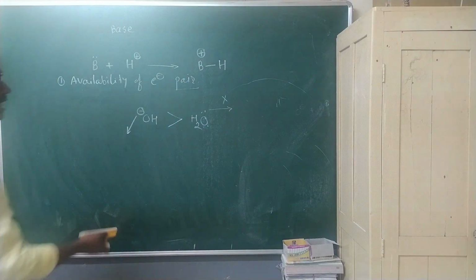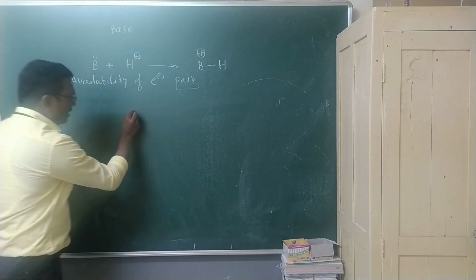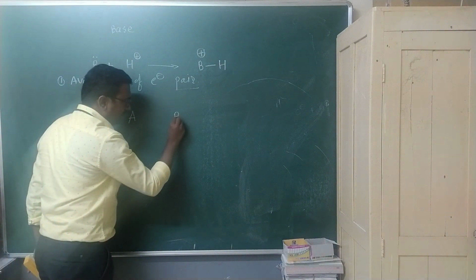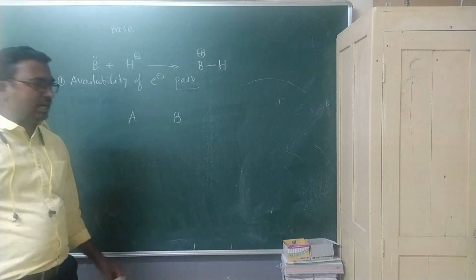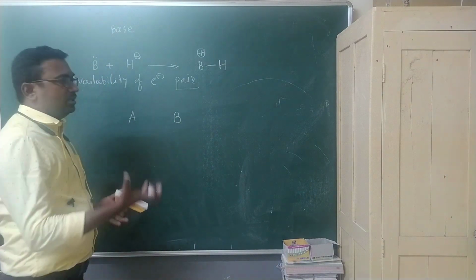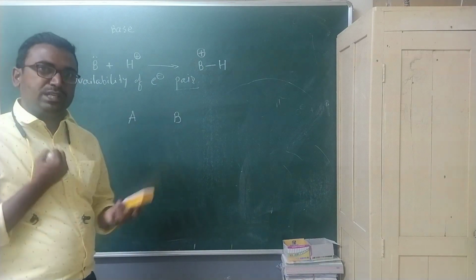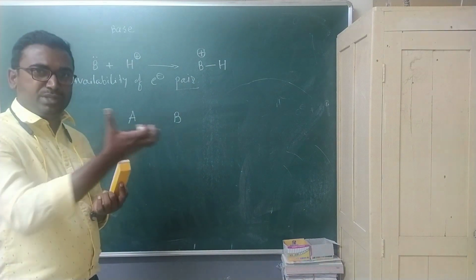Next one is the electronegativity of B. Suppose I have two atoms A and B. One is more electronegative than the other one. Electronegativity means the ability of any atom or molecule to hold the electron towards itself.